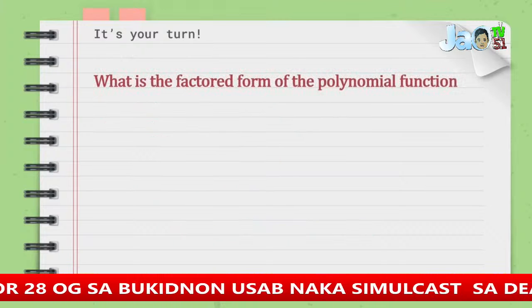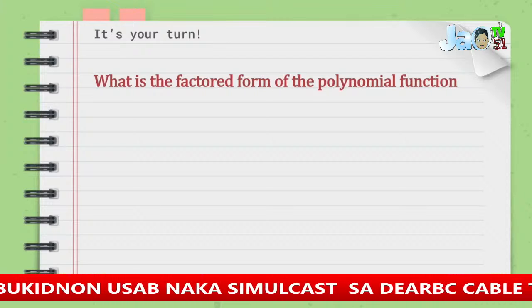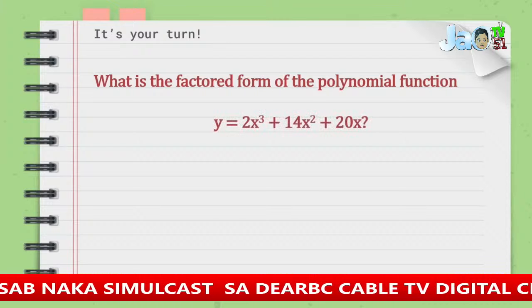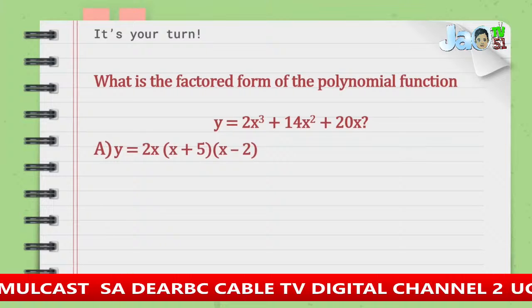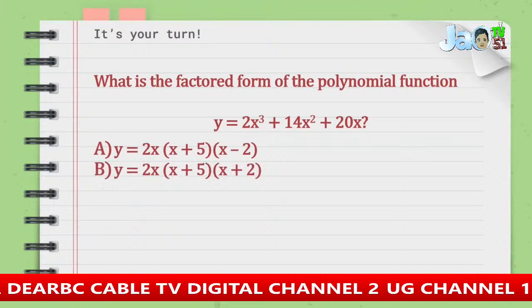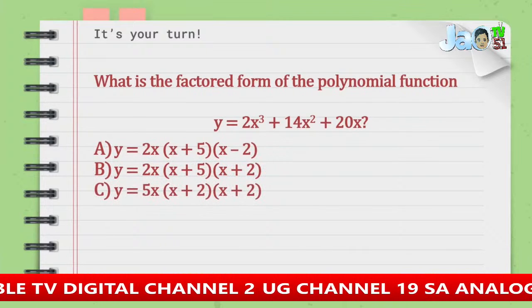What is the factored form of the polynomial function y equals 2x cubed plus 14x squared plus 20x?